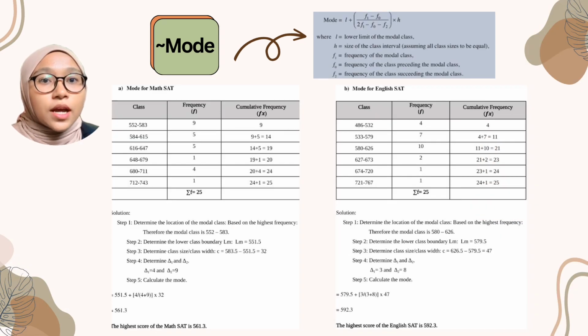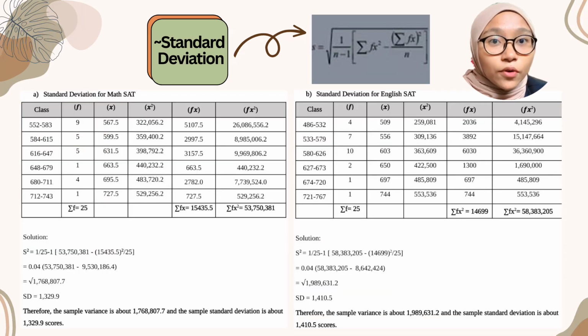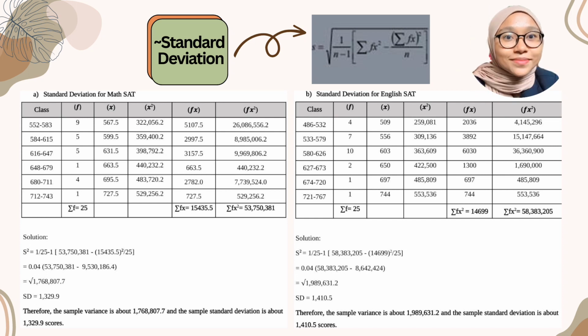For mode, the highest score of math SAT is 561.3, while for English SAT it is 592.3. Therefore, the sample variance of math SAT is about 1,768,807.7 and the sample standard deviation is about 1,329.9 scores.